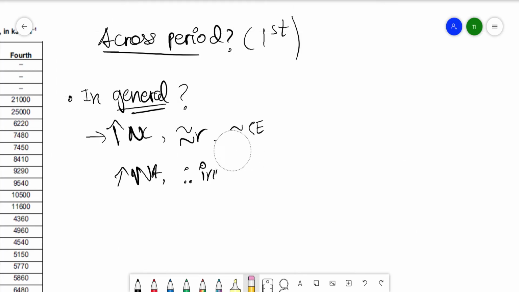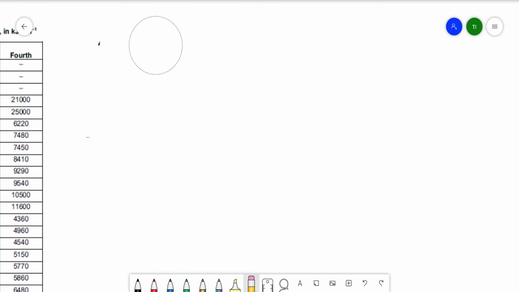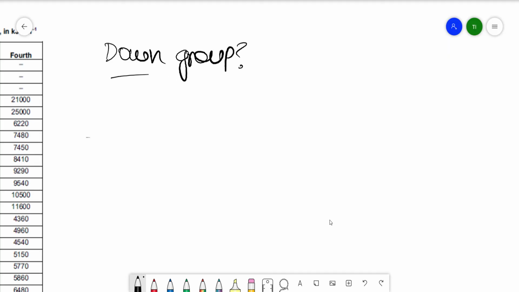Now, we did across the period. Now let's think about down the group. This is even easier if you understood the previous. Feel free to pause the video and think about it for a while. Now regarding down the group, you'll realize that yes, nuclear charge increases, but so does the distance between the nucleus and the outer shell electron.